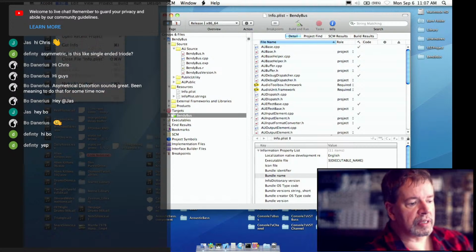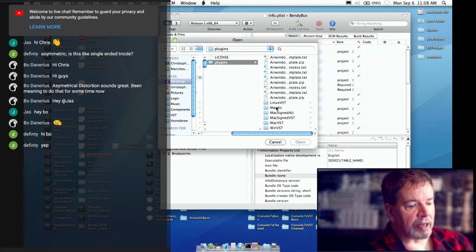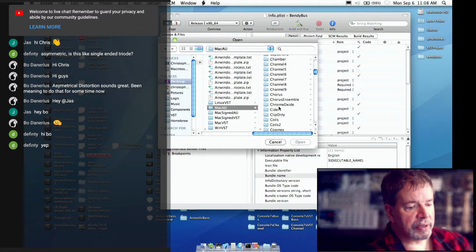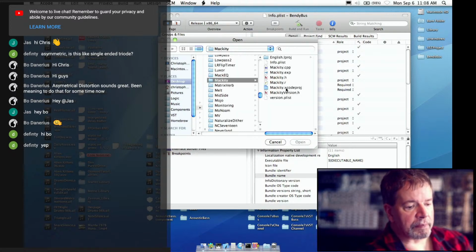For now, let's open a recent file or a relevant file. And my notion of a relevant file would be simple audio unit. And we're going to go and look at directly McAdee.